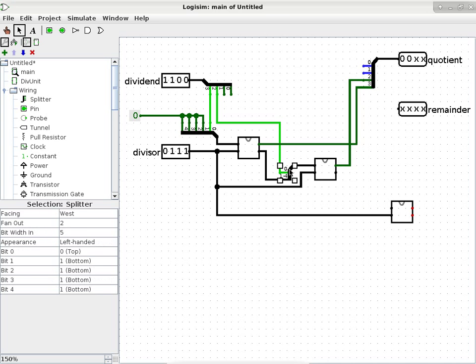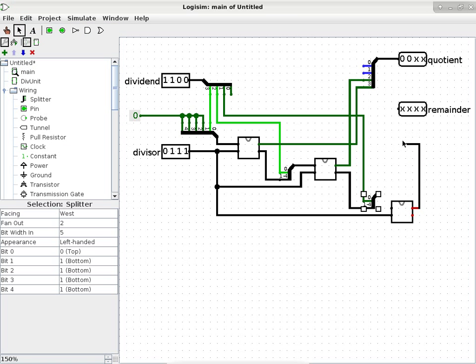The other one is going to be a merge, just like the other one, of 4 bits coming from the previous division unit and 1 bit coming from the dividend. Stash it here. The output is going to another bit. Okay.